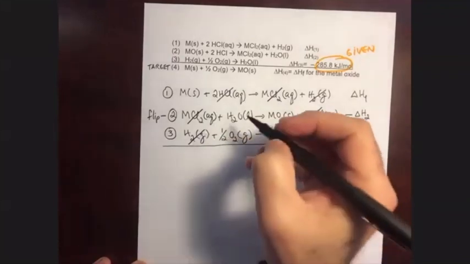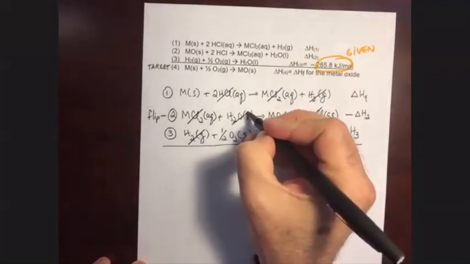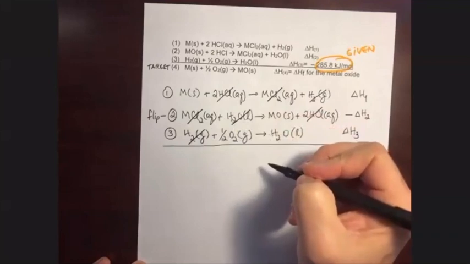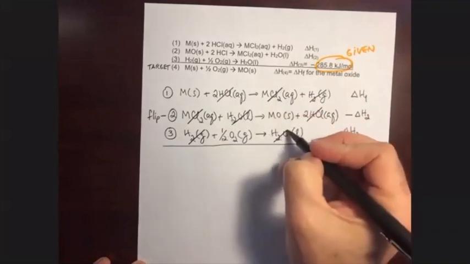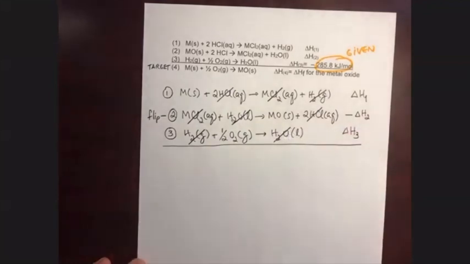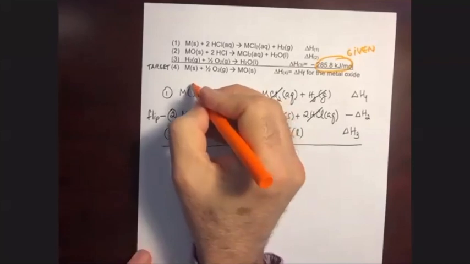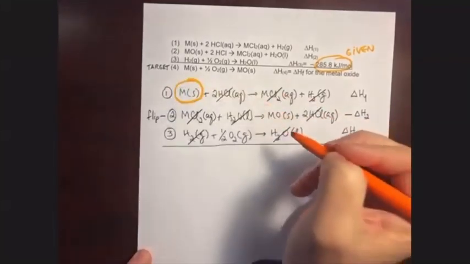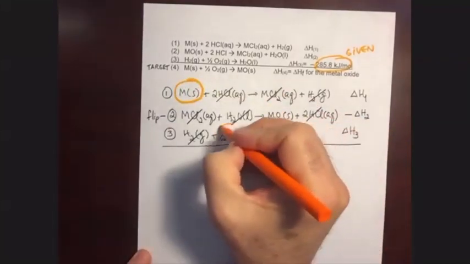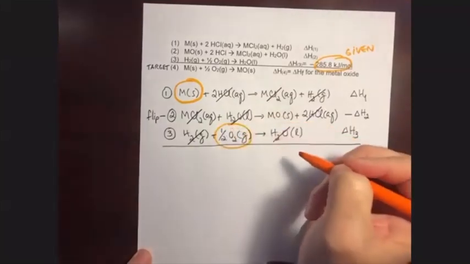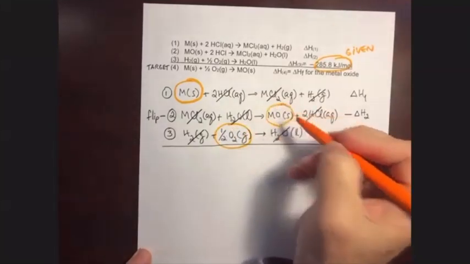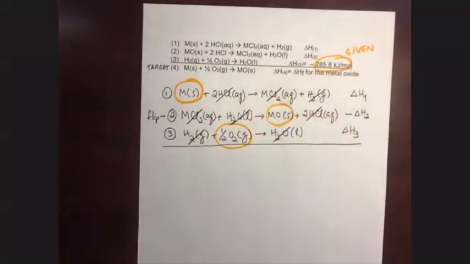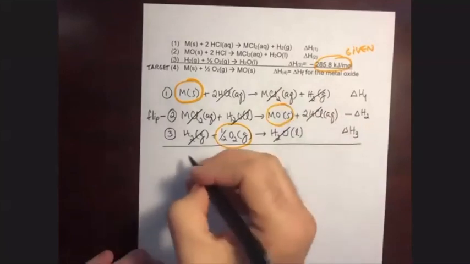And finally, the water in the reactants side of the flipped equation number 2 will cancel out with the water in the product side of equation 3. Let's see what we're left with. We have the metal as a reactant, we have the oxygen as a reactant, and we have the metal oxide as a product.